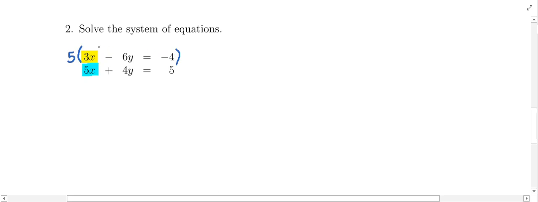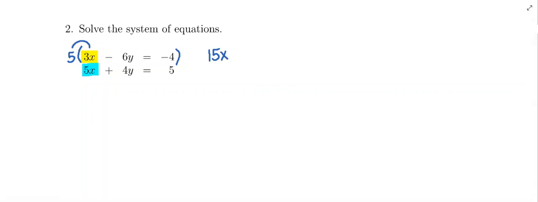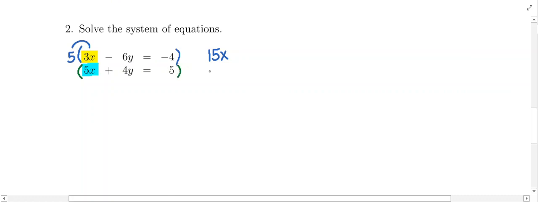If I do that, and you're going to have to distribute the 5 throughout the equation, that's going to put a positive 15x here. So if I'm doing this, how can I adjust the second equation to put a negative 15x here so that the x terms would cancel?